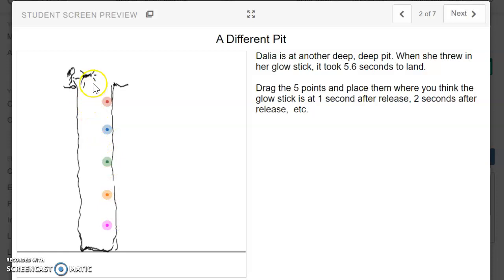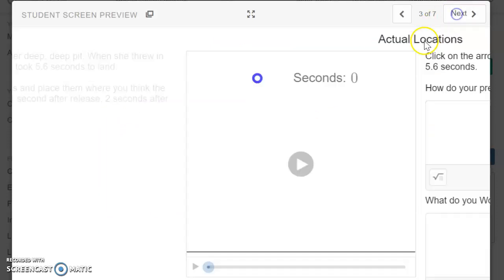This tells me that after 1 second, I'm going to assume it's going to cover the same distance each second. This is what it will look like: after 1 second it will be here, 2 seconds, 3 seconds, 4 seconds, 5 seconds, and then 6 seconds here. Maybe something like this. That's my assumption, and let's see how it works out.